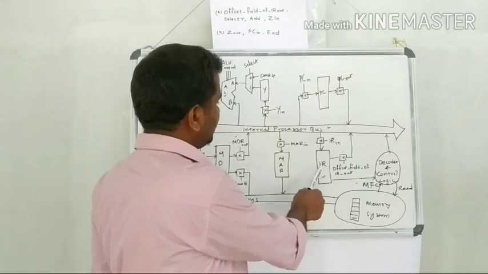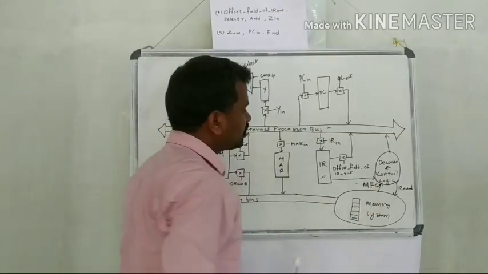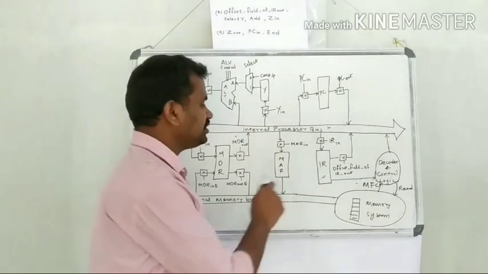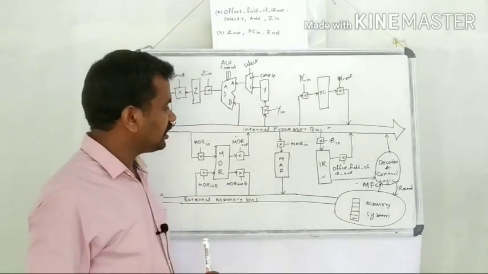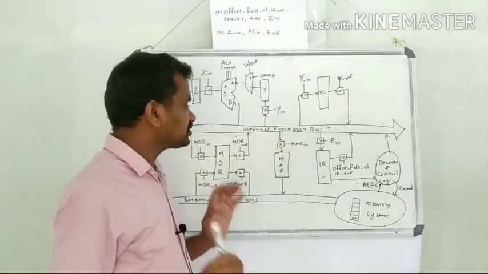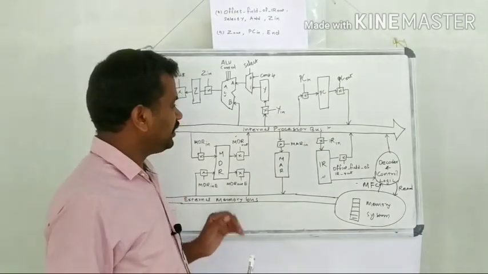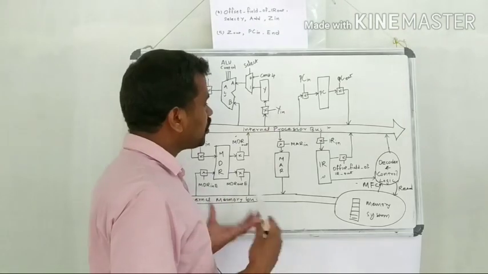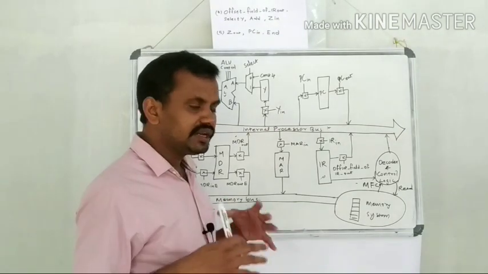Okay. The decoder and the control logic identifies that this instruction inside the instruction register is a branch instruction or unconditional branch instruction. Then based on that, it will issue corresponding control signals during the next step.